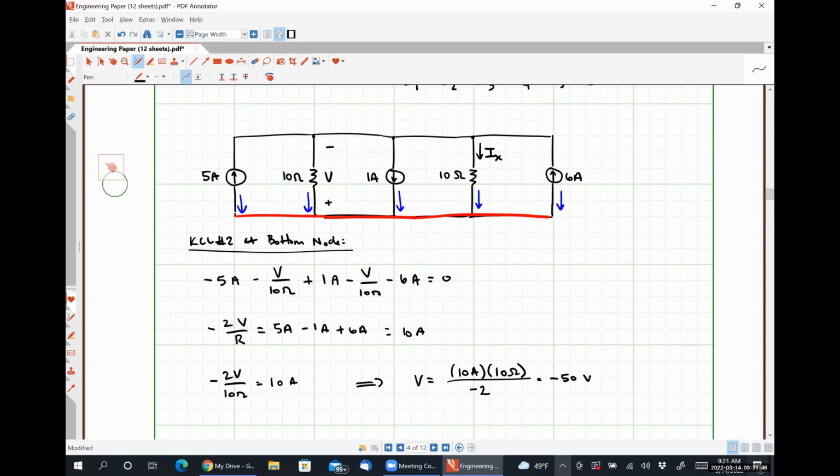So if V is negative 50 volts, what's our current IX?